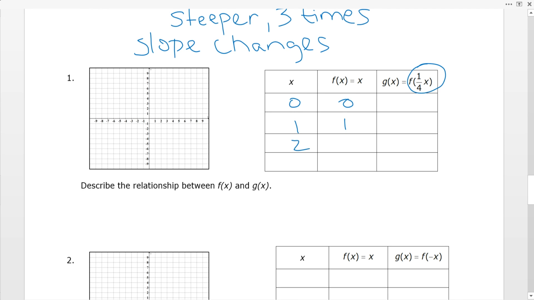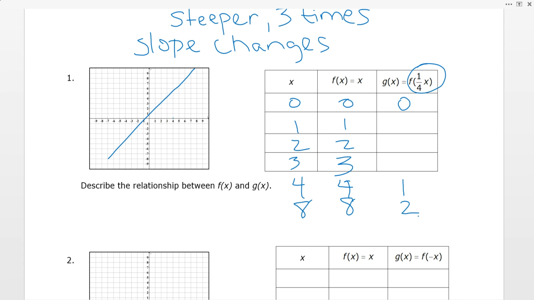Here's our parent function again. If we're doing 1/4, let's just say that if we had 4, it's going to be 1 because we're dividing by 4. And if it's 8, it's going to be 2. So 1, 4, and 1, 8, and 2.